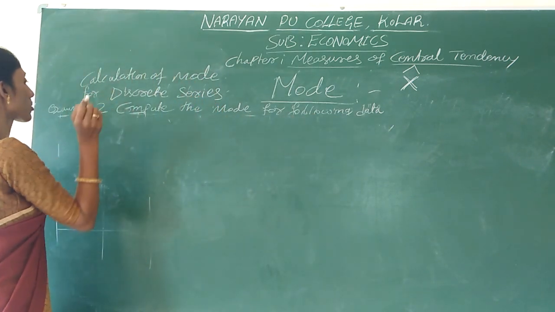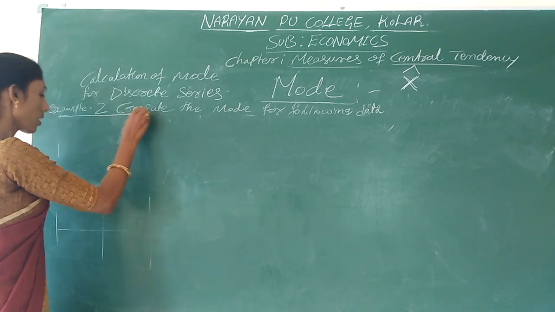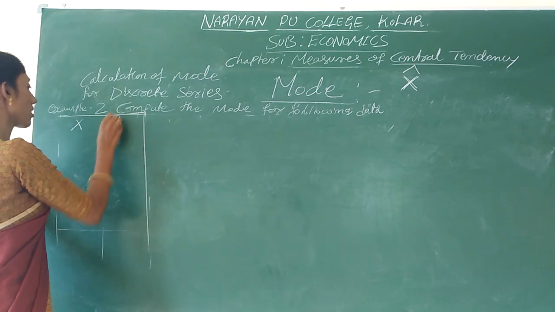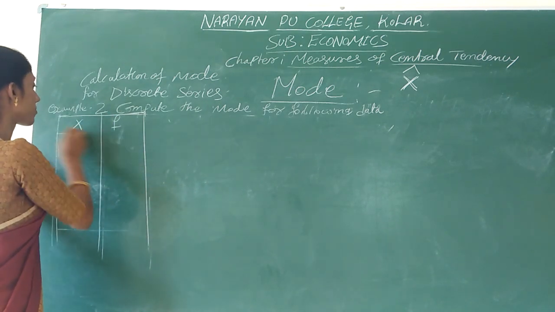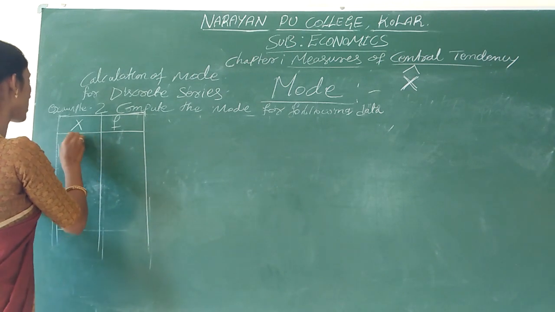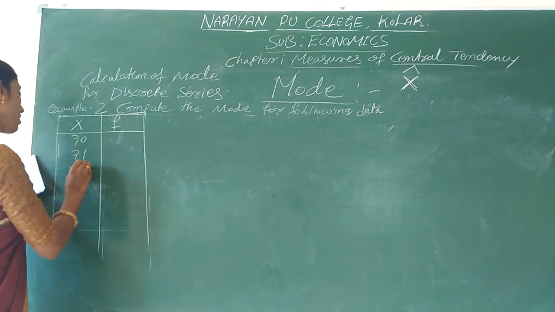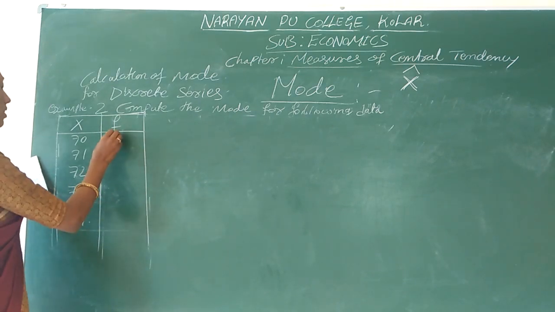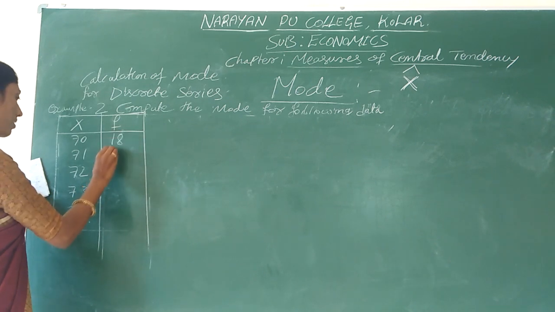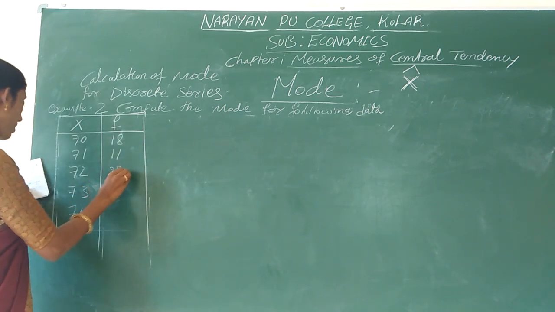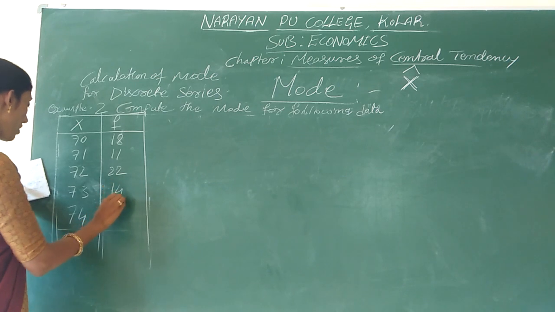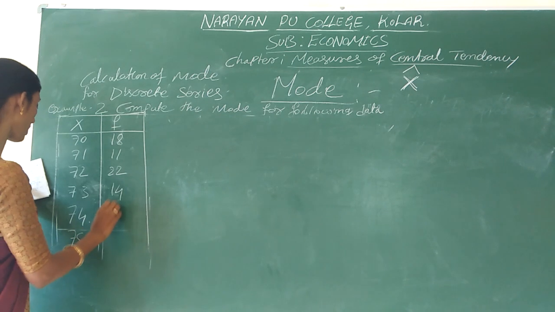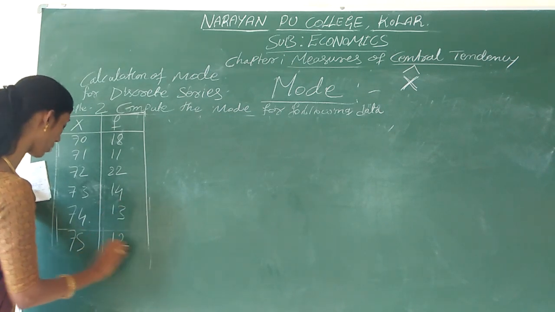Same question. Take example question 2, but the data is going to change. The data is x and f. x values are 70, 71, 72, 73 and 74, and the frequencies are 18, 11, 22, 14, 75, 14, 13 and 12.